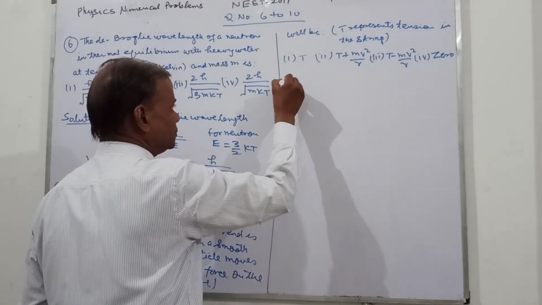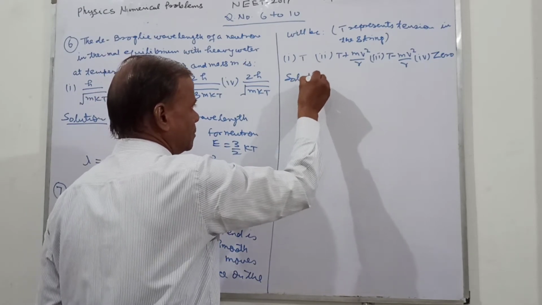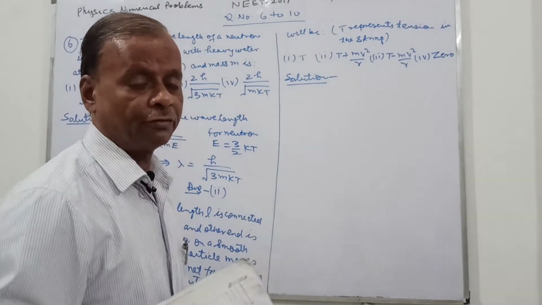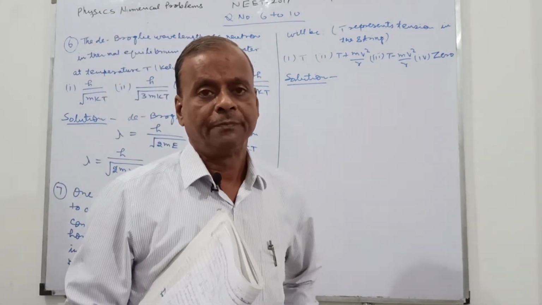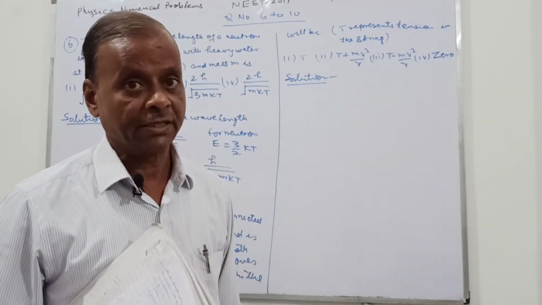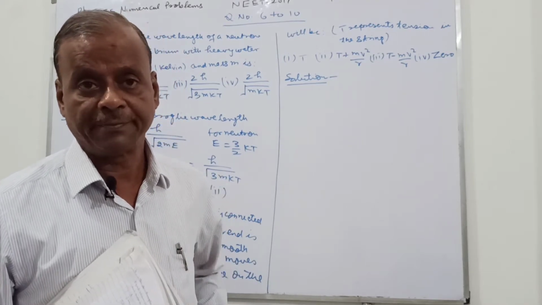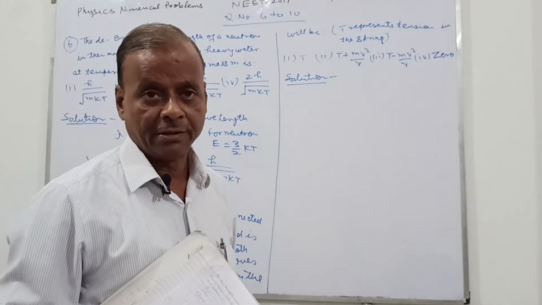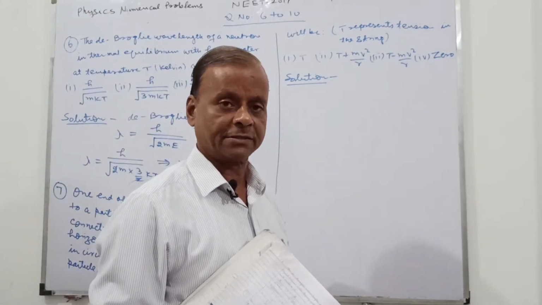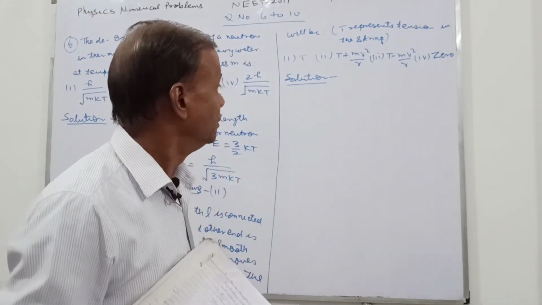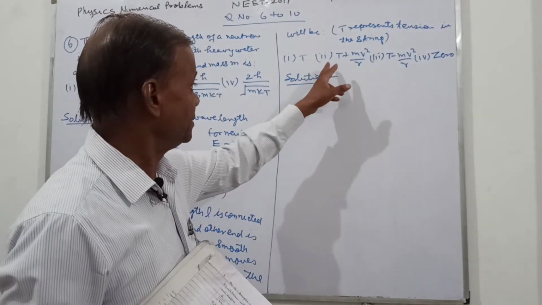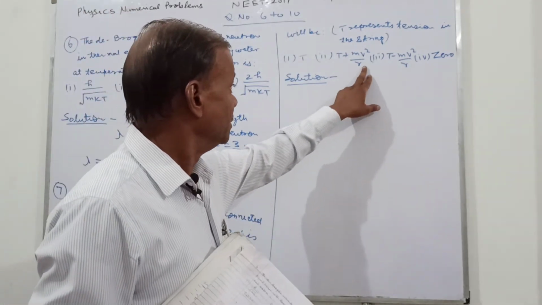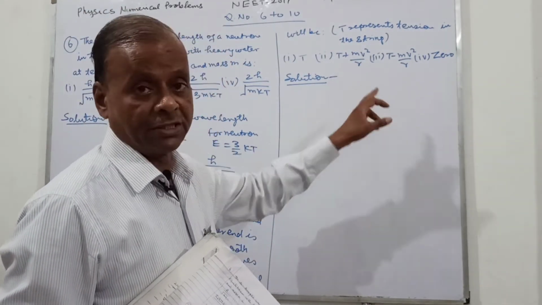Now the solution. When a particle is tied to one end of a string, the other end is tied at a peg, and the particle moves in a horizontal circle, two forces seem to act: the tension T and the centripetal force.